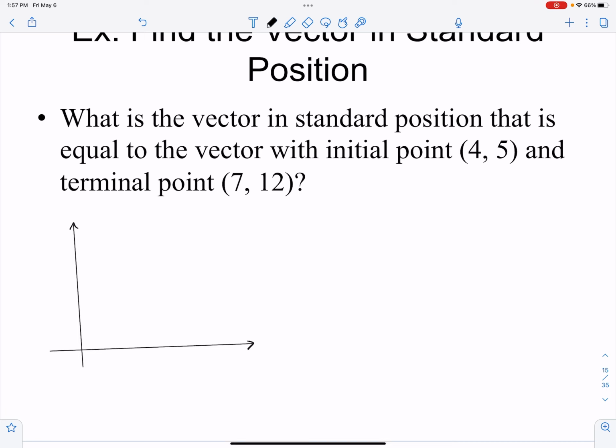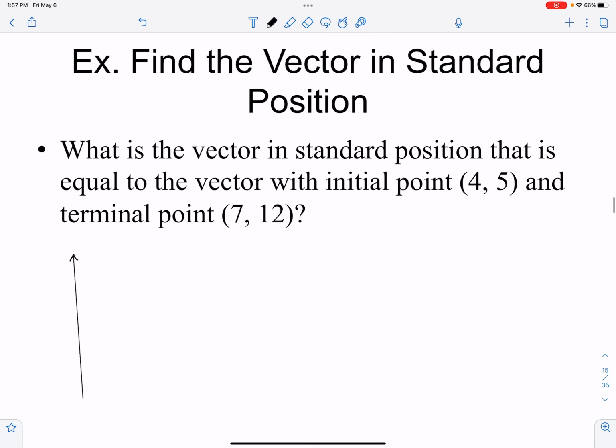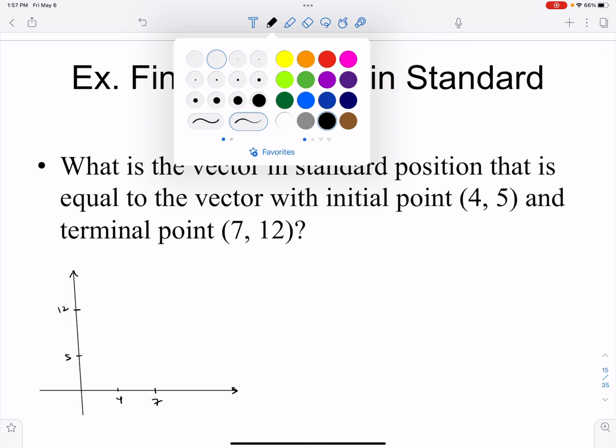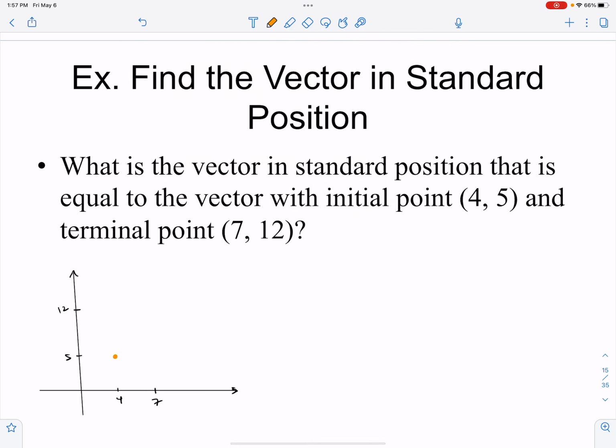So the initial point is at 4, 5, and then the terminating point is at 7, 12. So the initial point and then the terminal point. So the arrow would be at the terminal point.